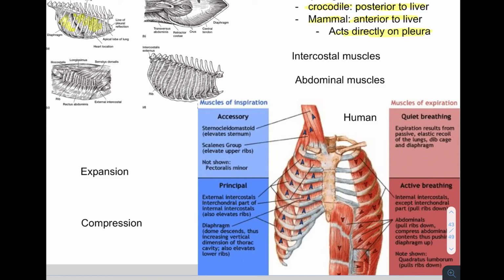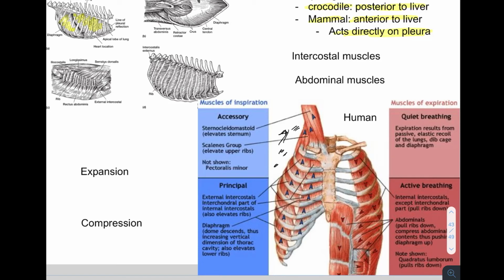And so when you look at this picture down here, please note that the arrows that are pointing up on the left side are showing musculatures and bones that allow for that thoracic cavity to enlarge, either by bringing the ribs further apart from each other and outwards, or bringing the clavicle upwards.